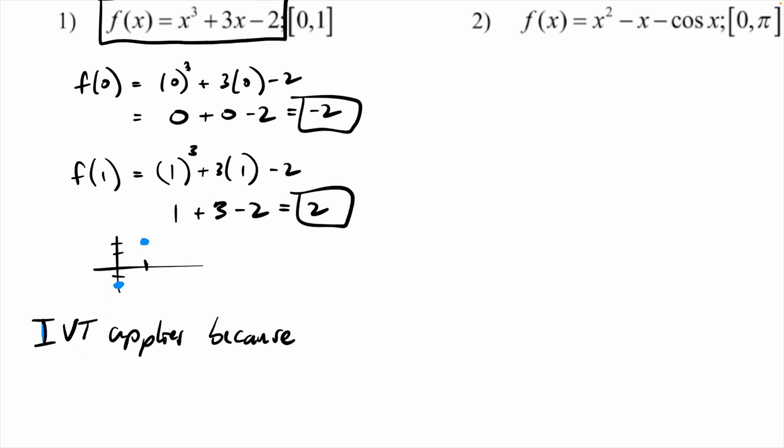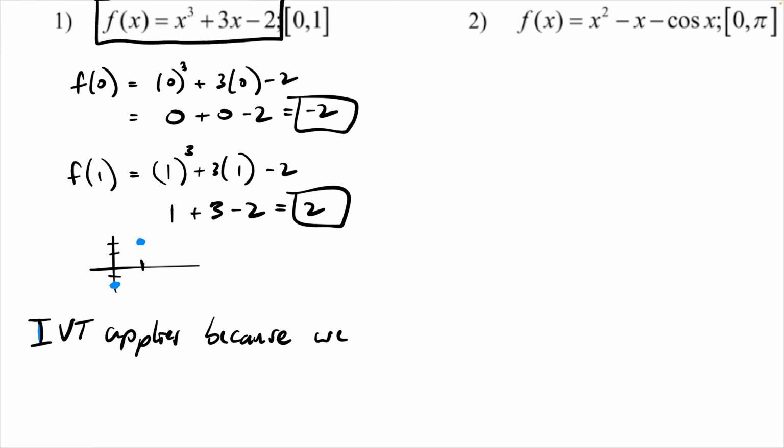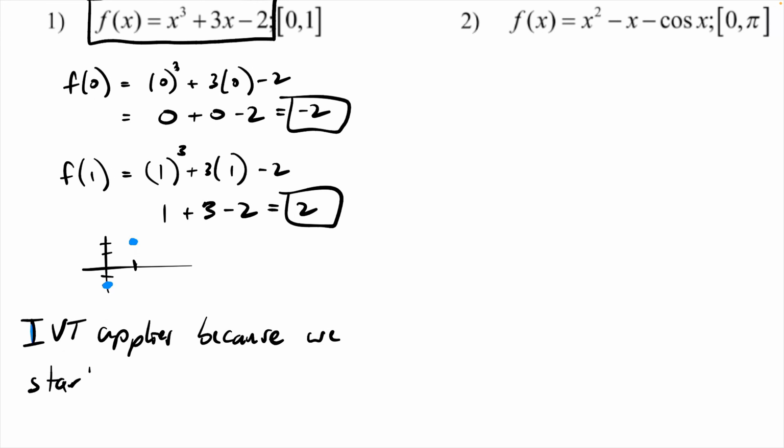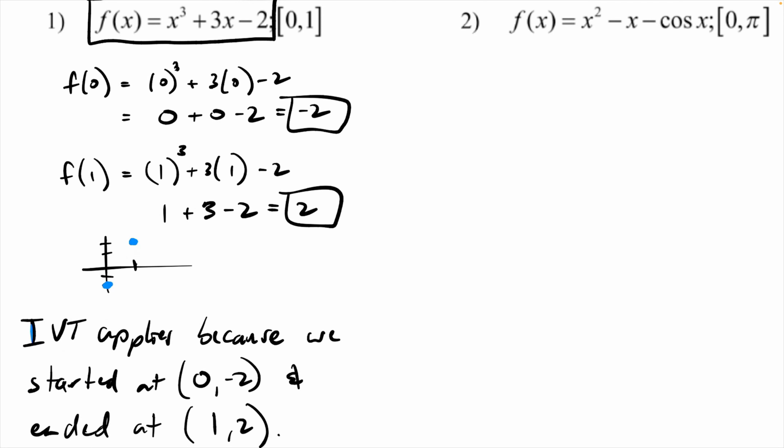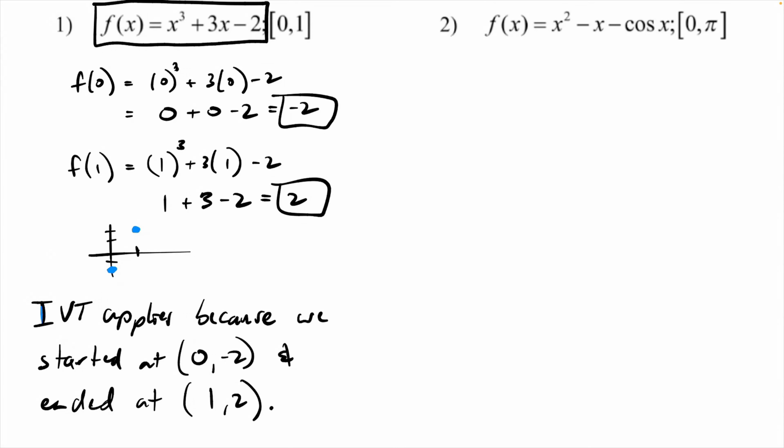Because we started at (0, -2) and ended at (1, 2). Therefore, we crossed the x-axis at least once. Okay.